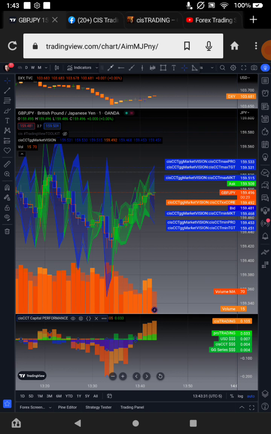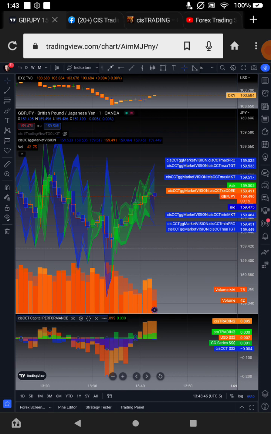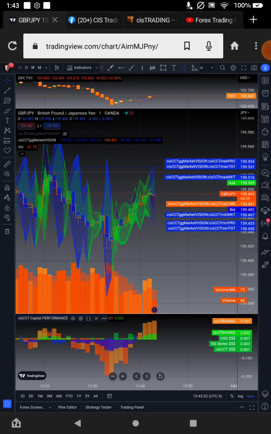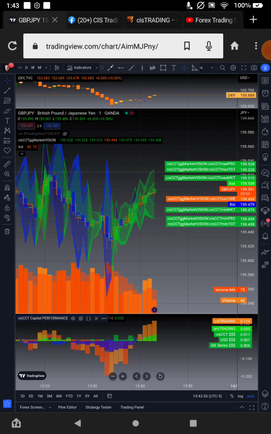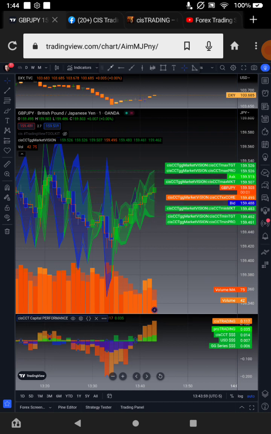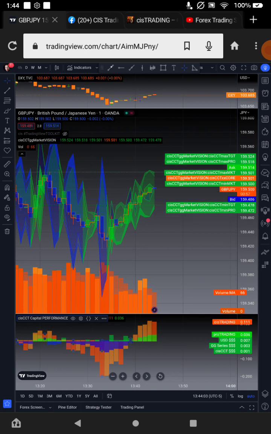As that market depth begins to increase, you're going to see how these offer and bid prices have been adjusted based on the Pro Action market depth from TradingView Toolkit and the expansion contraction thresholds in the CIS-CCT-GG Market Vision Indicator using the core value to spread those prices out.